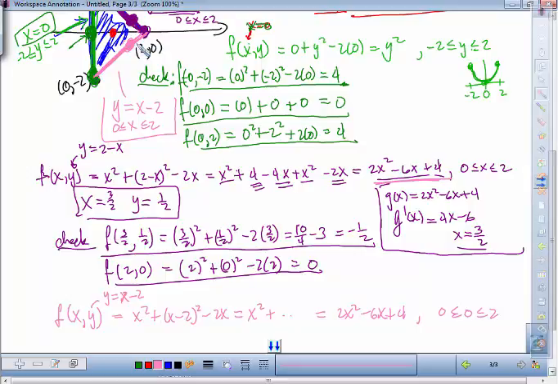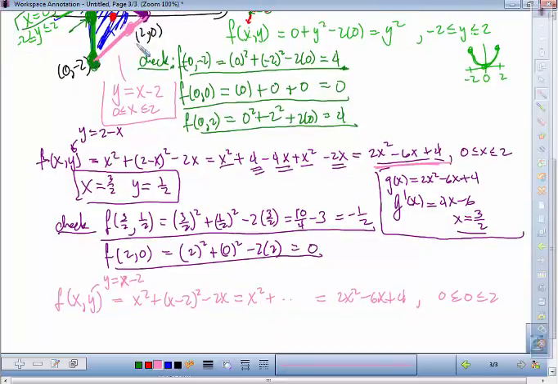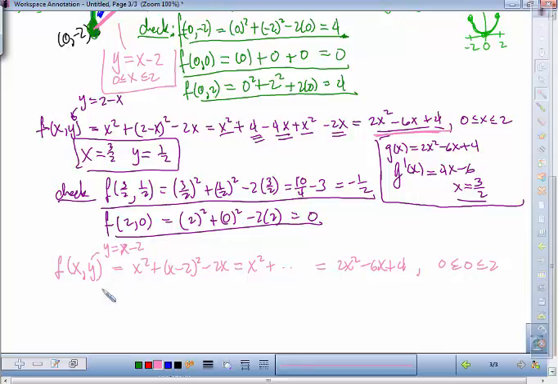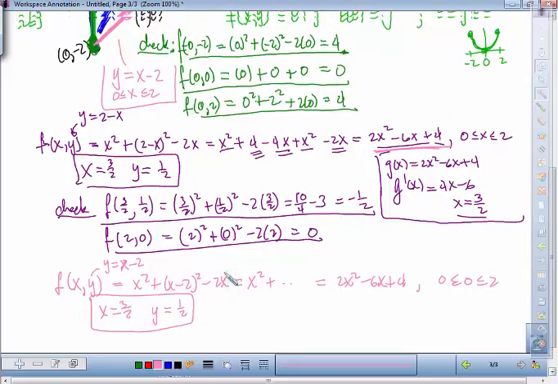We know we're going to get a critical point there, but I think the y value is going to be a negative instead. So we're going to get our critical point x is equal to 3/2 and y is equal to negative 1/2.